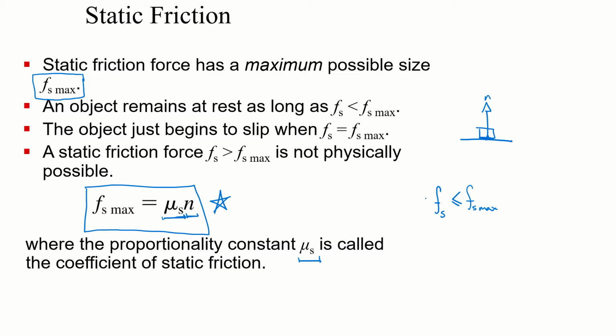But if there's nothing trying to get it moving, it can also be 0. So the magnitude of that force has to be somewhere between 0 and Fs max. And the way we generally determine that is by looking at Newton's second law, F net equals ma. The magnitude of the static friction is whatever is going to keep this consistent.